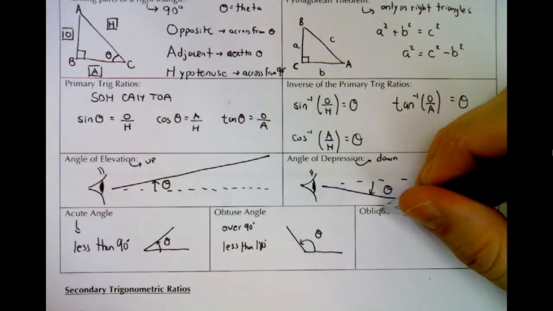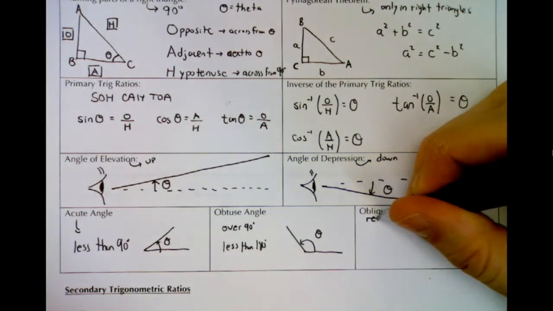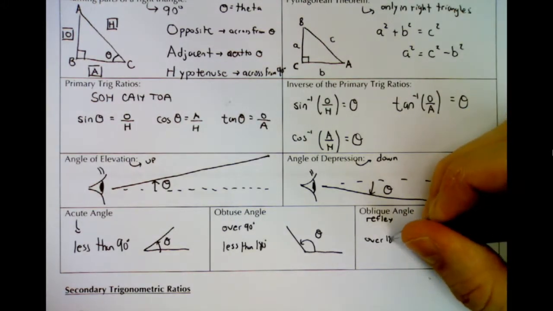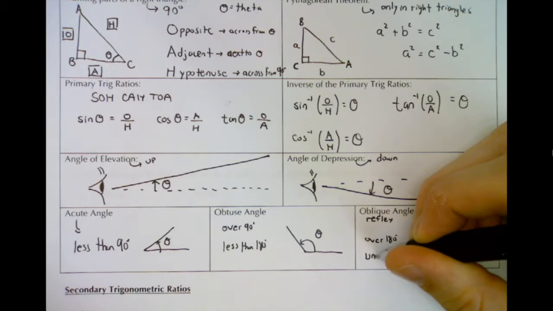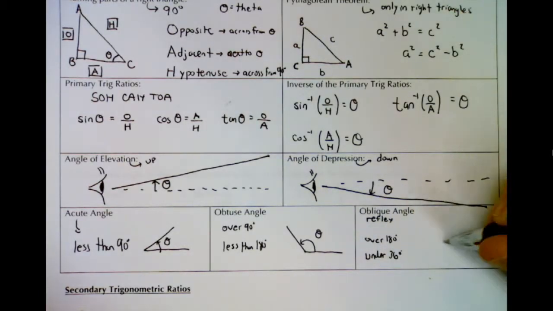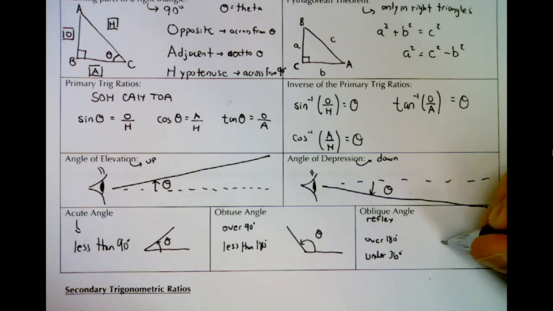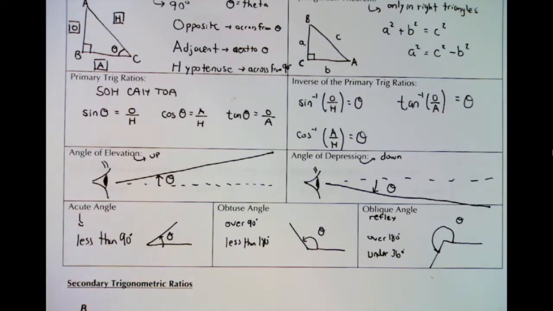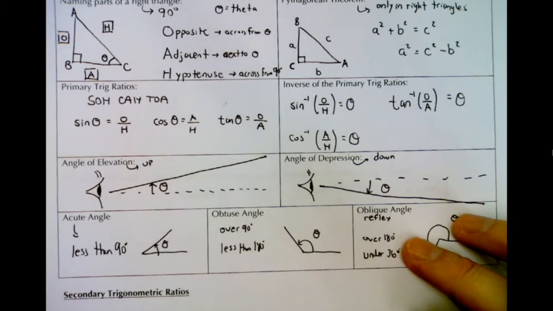And oblique or reflex would be over 180, under 360. How do you draw that? Well, there we are. All right, that's all the prior knowledge.